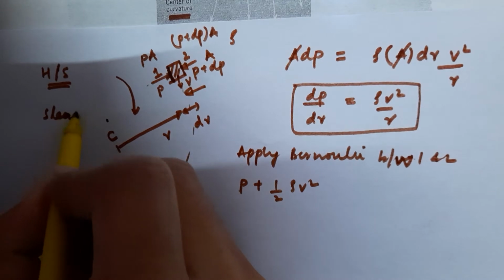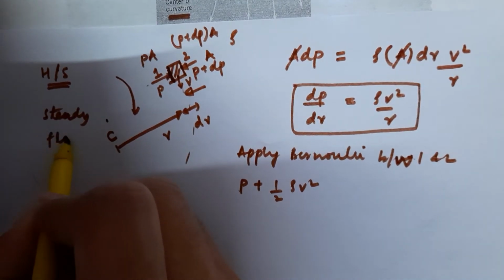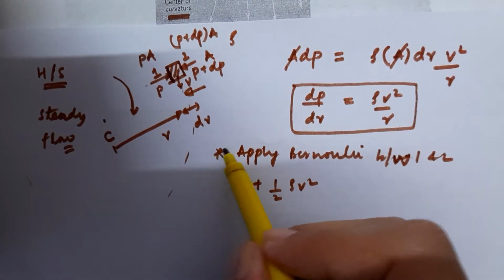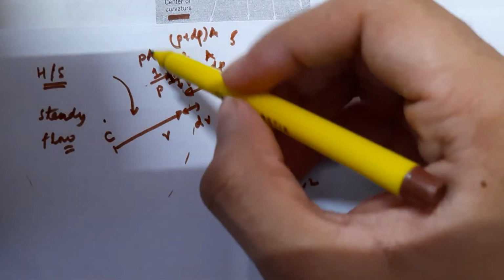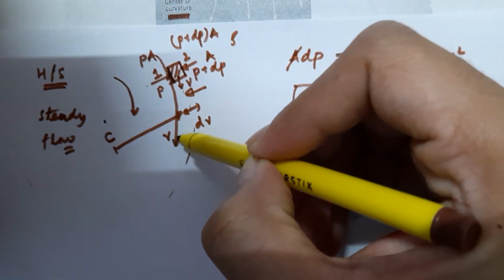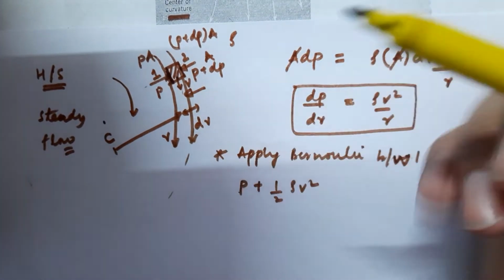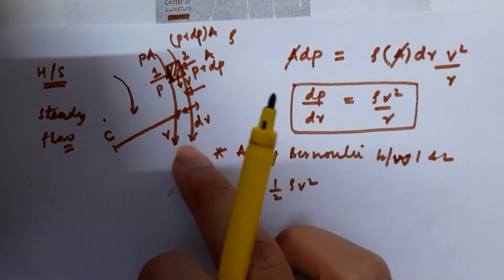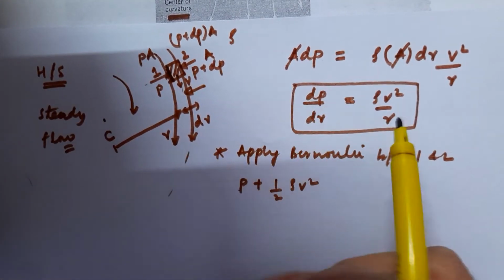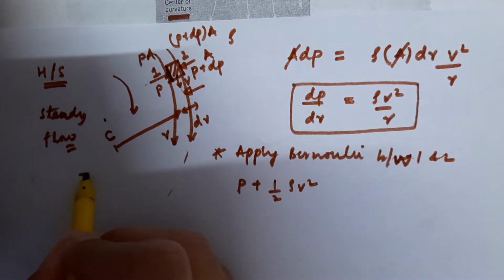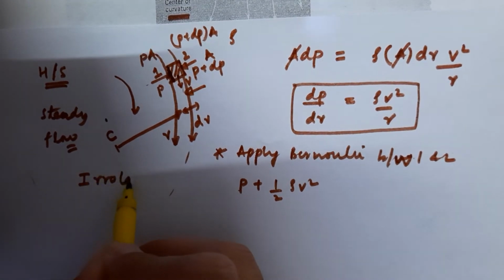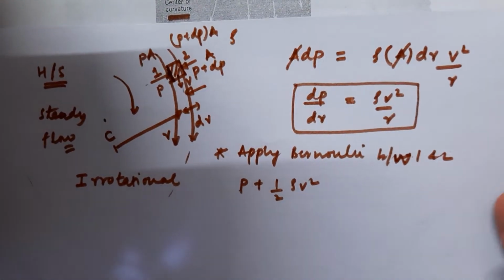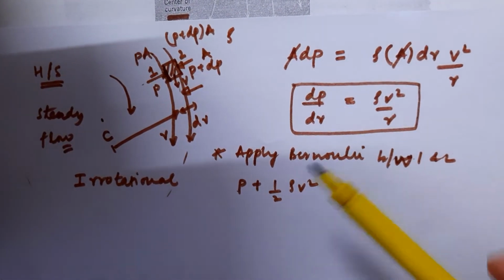You have to take care of that, right? Before applying Bernoulli's theorem, you have to take care that you are applying it on two different streamlines, this and this. You can apply Bernoulli's theorem on two different streamlines only when the flow is irrotational, because only then the constant in Bernoulli's theorem comes out to be the same, right?